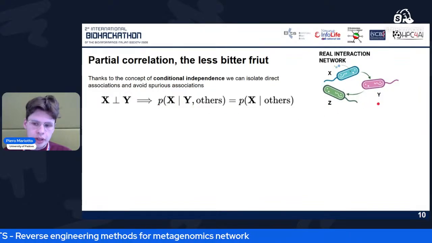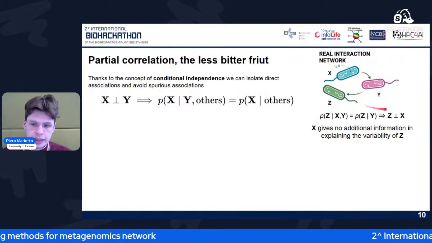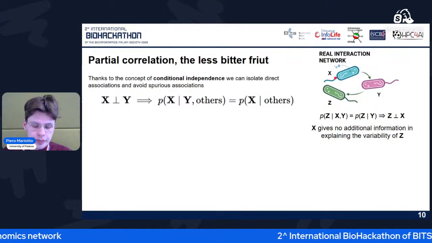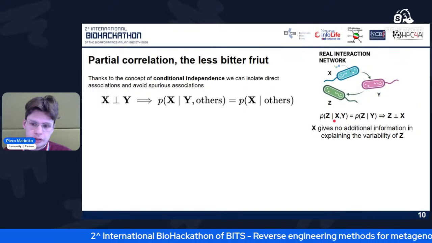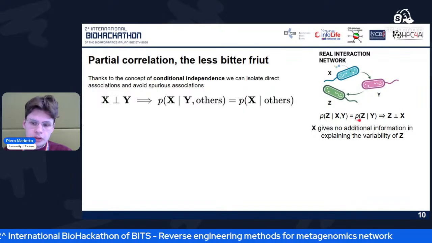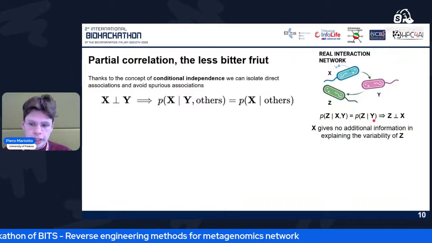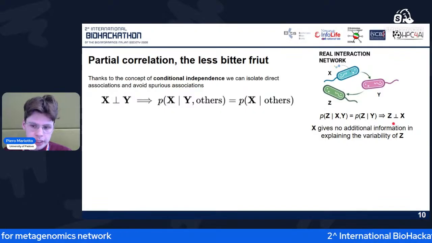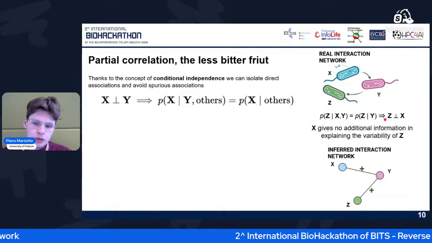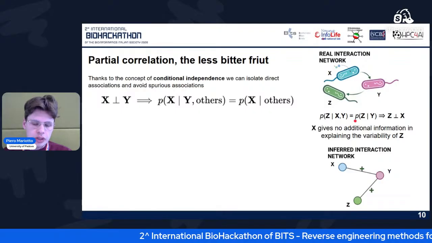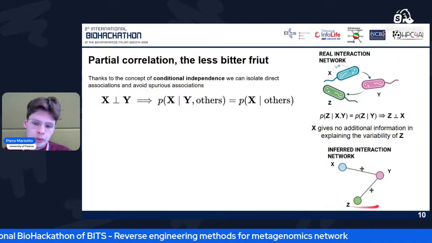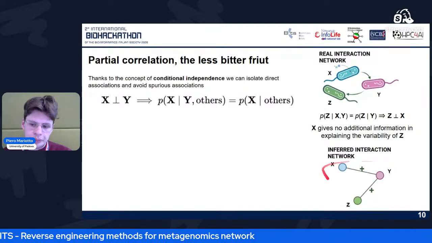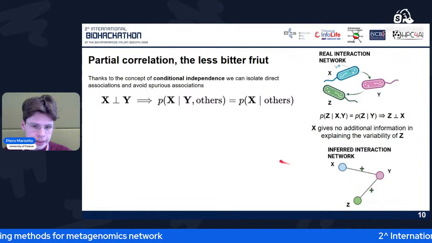So looking at our previous example, we can say that x and z are conditionally independent because the probability distribution of z conditioned on x and y is equal to the probability distribution conditioned only on y, meaning that x gives no additional information in explaining the variability of z. And so if you are able to reconstruct the conditional independence structure of the variables, you could end up with the true interaction network, so without placing an edge between x and z.